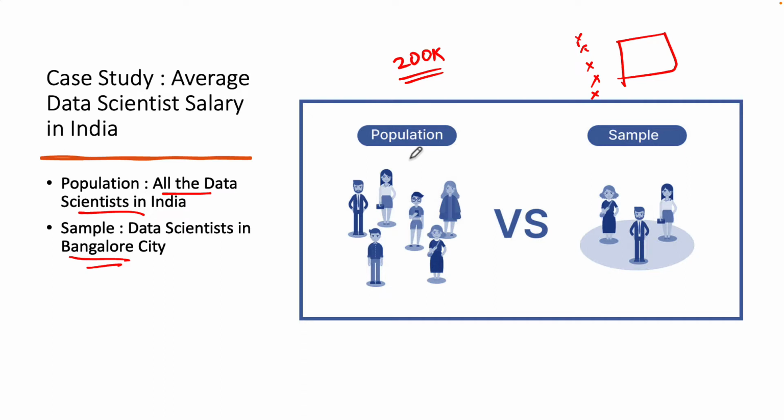In your entire population, these are the data scientists working in India. From this entire population, you have selected a sample, where the sample is the data scientist salary in a city called Bangalore.